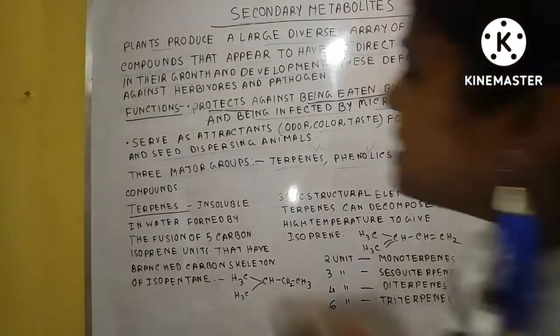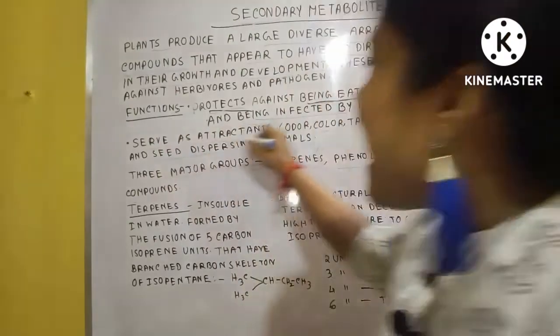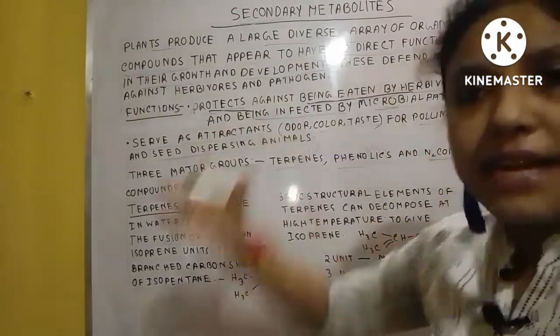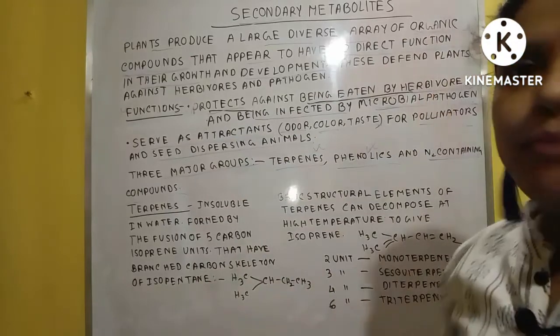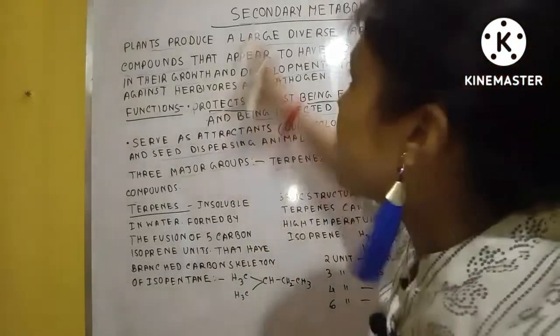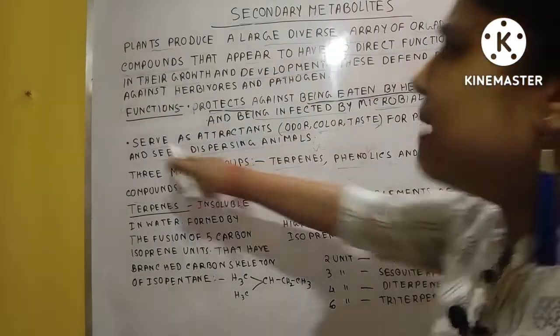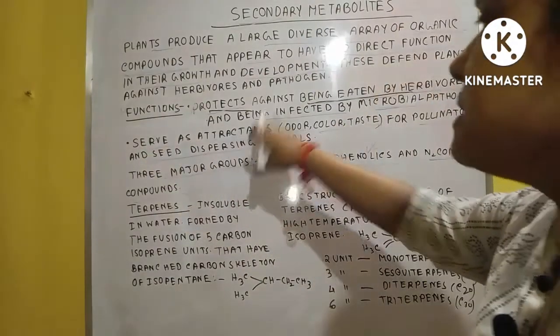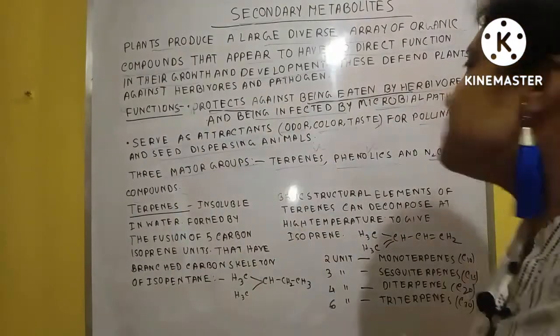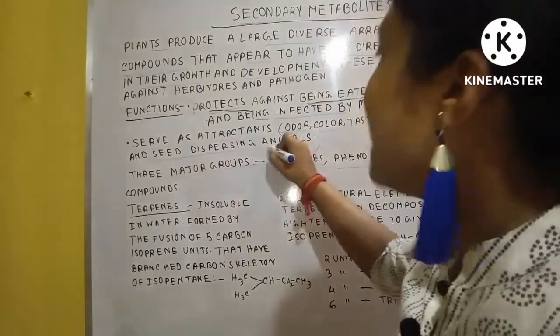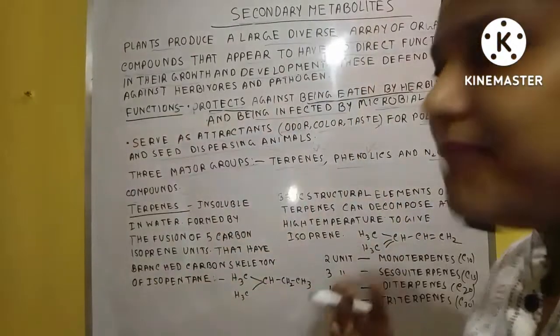They also serve as attractants. That means any odor, color, or taste in the plant's body is due to the presence of secondary metabolites. In that way they help in pollination, or attract seed dispersing animals to the plant.